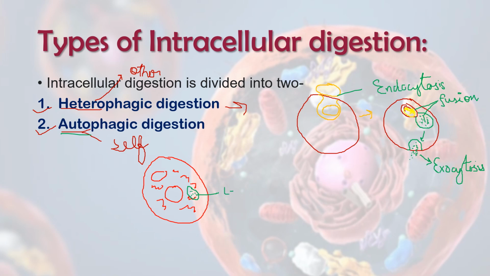This is our lysosome, and these are cellular components that are going to be digested because they are no more functional. So this one is autophagic digestion.